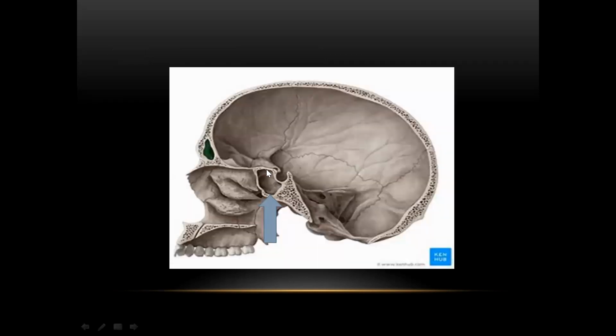Here it is the sphenoid, and it is an important anatomical relation to the pituitary at the sella turcica, and here it is from the roof of the posterior part of the nasal cavity.